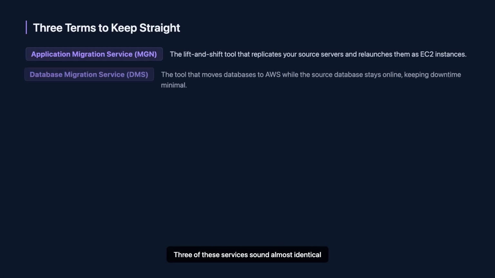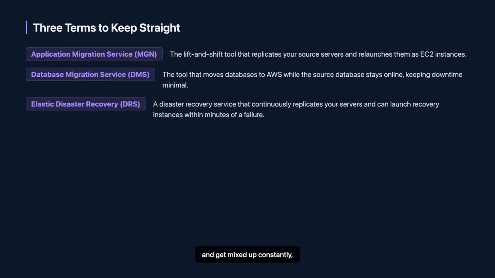3 of these services sound almost identical and get mixed up constantly, so let's pin them down before we go further. Now that you know the move involves both servers and data, these will land. Application Migration Service, which Amazon Web Services abbreviates as MGN, is the lift and shift tool for servers. It replicates your source machines and relaunches them as EC2 instances. Database Migration Service, or DMS, is for databases.